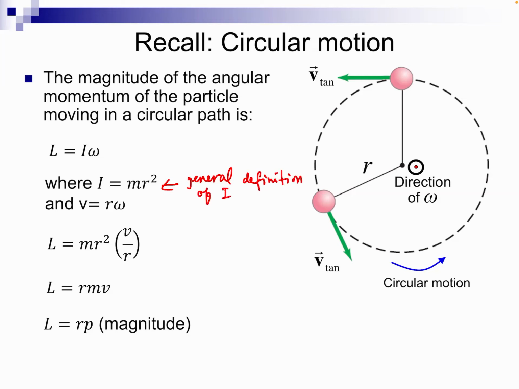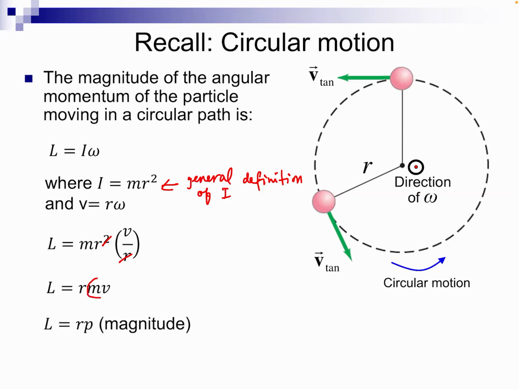And the linear speed is related to the angular speed, as I've shown in the previous slide. So we can write the angular momentum using the definition for moment of inertia and the definition for angular speed. We can simplify this: one of the r's will cancel, and so we have the angular momentum being equal to r times m times v.